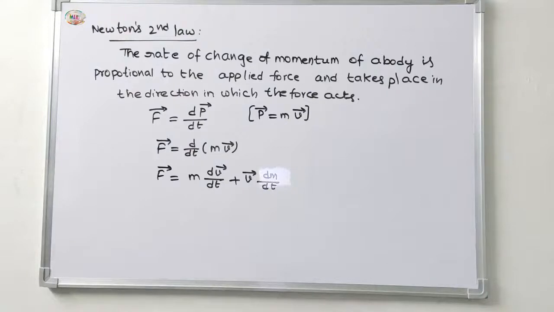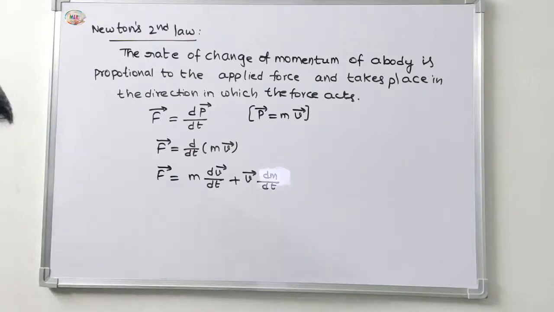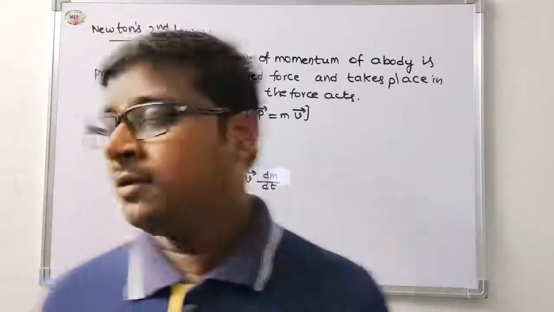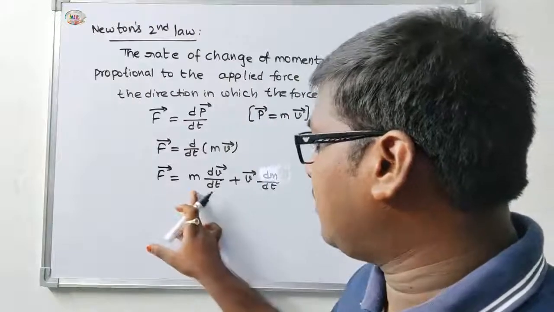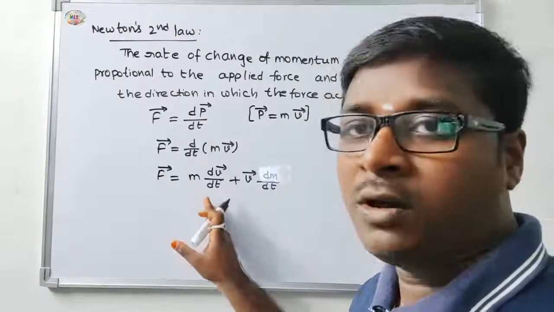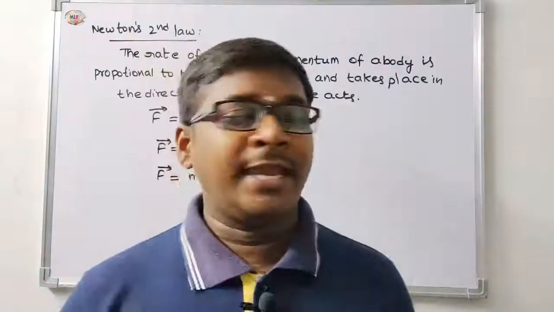This equation is valid when both the mass m of the body and the velocity v vary. In this situation, there are two cases.